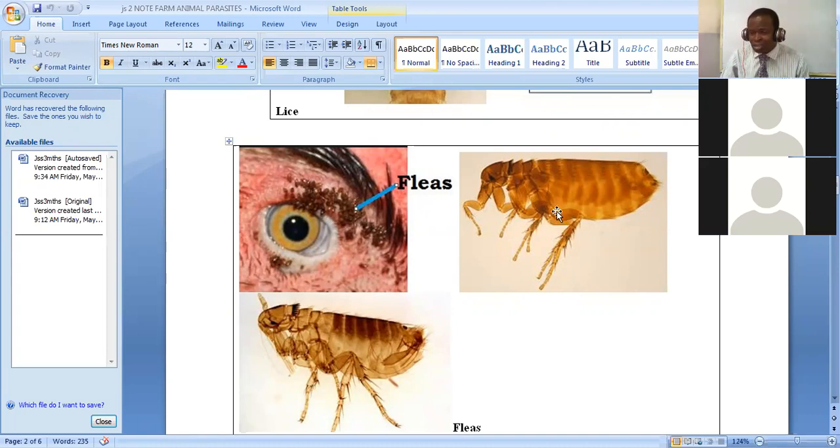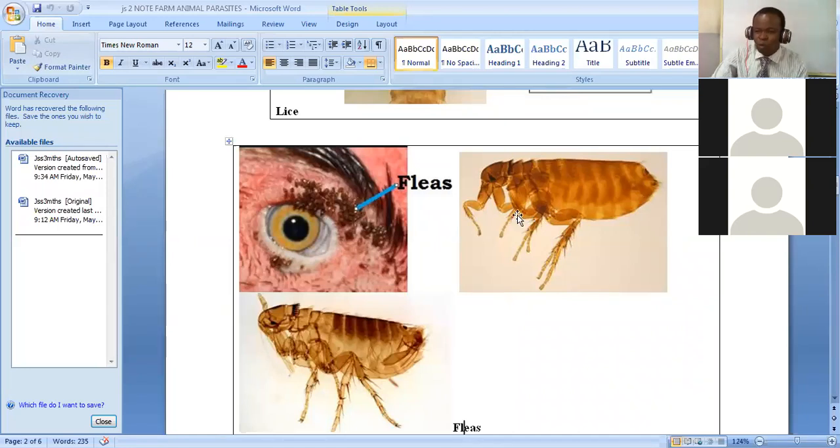I want you to get familiar with these two different pictures. Never mind, NECO can bring this first one, but they can bring these two. Again, it will be in black and white, but if you look at this shape very well, you'll be able to identify that this is a flea, not a tick, and not a louse.